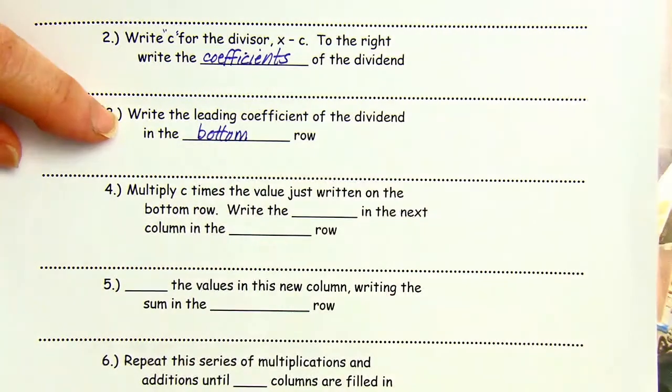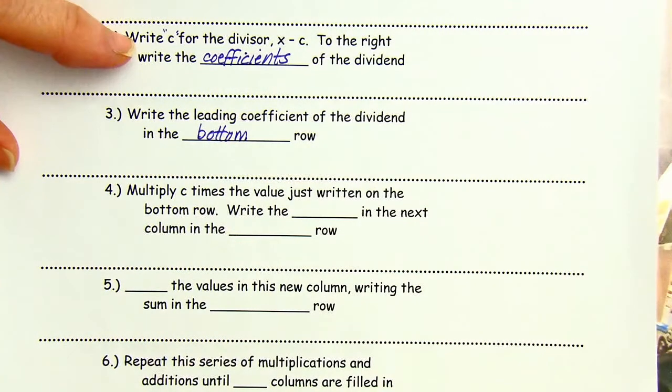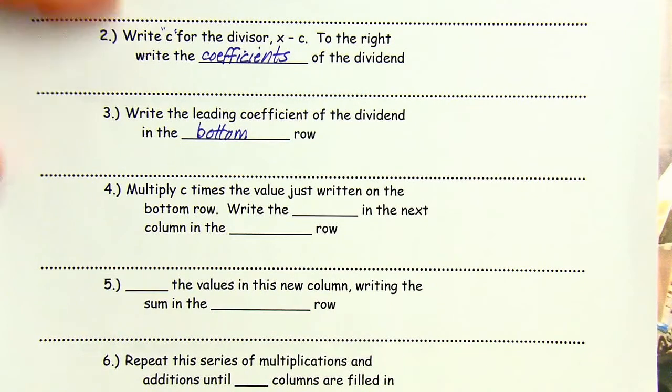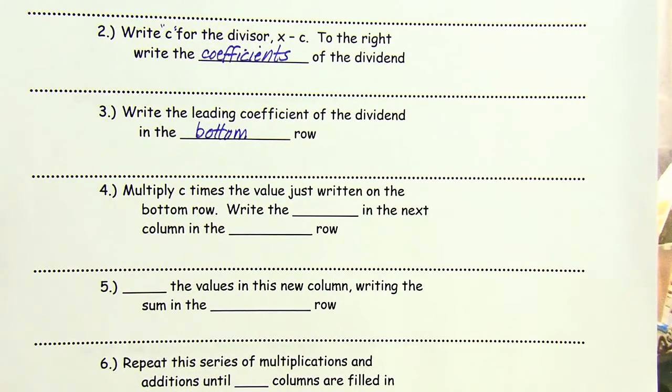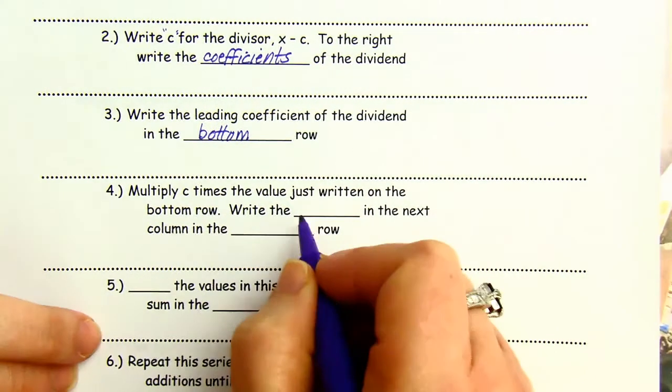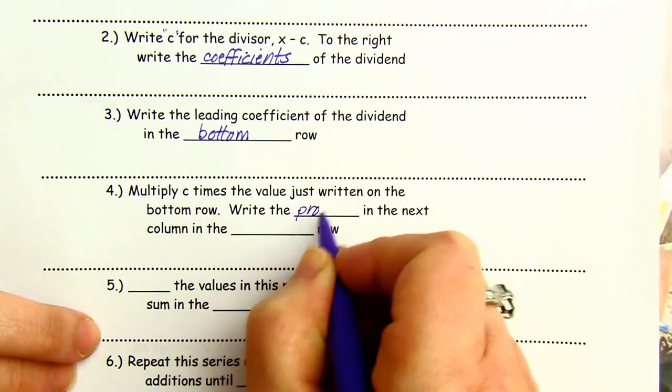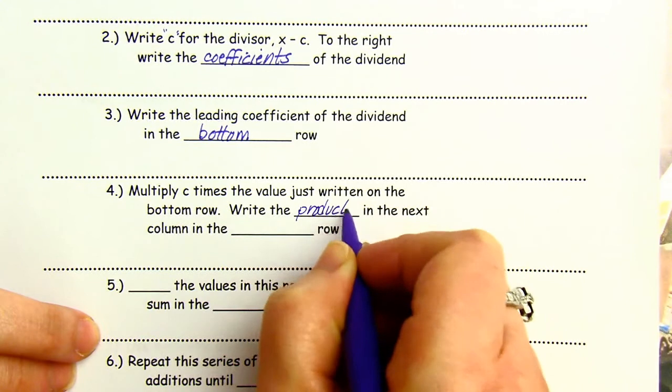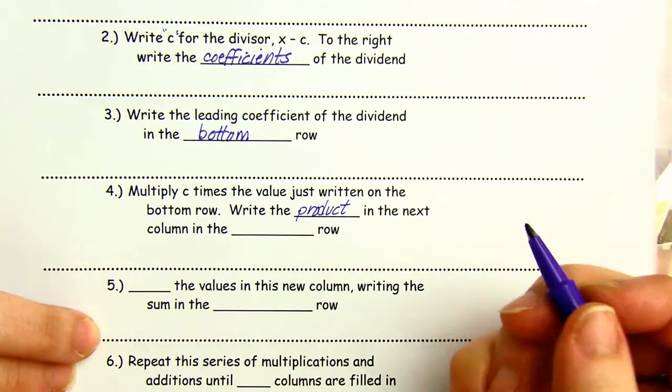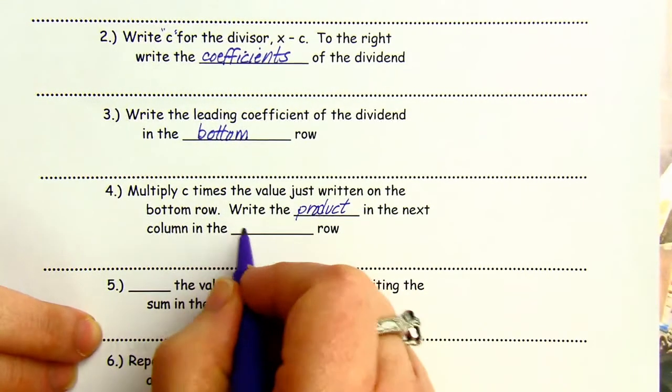So with synthetic division, you're going to have 3 rows. You're going to have a top row, a middle row, and a bottom row. Then what we do is we're going to take that c value and we're going to multiply it with the value that we just wrote on the bottom row. And we write that product, because we're multiplying, it's called a product. We're going to write that product in the next column in the second row.